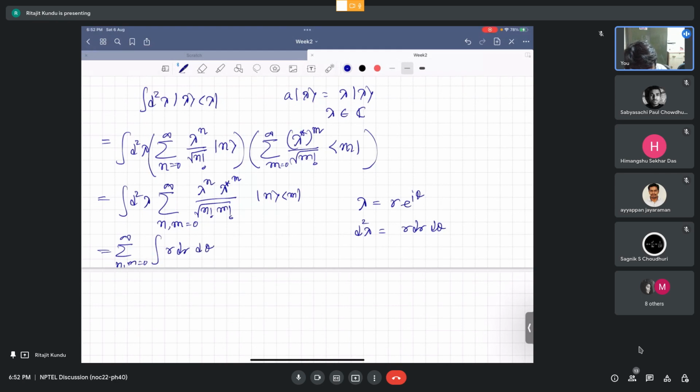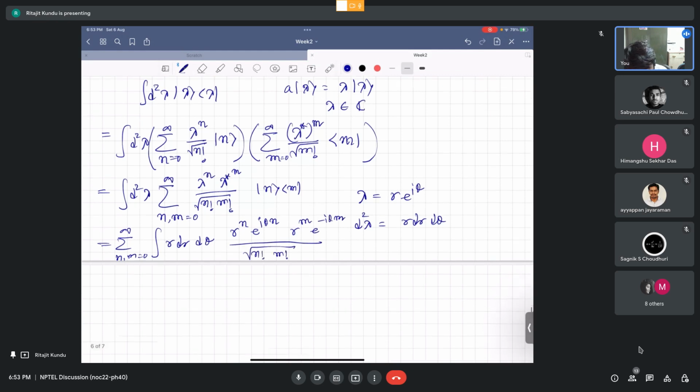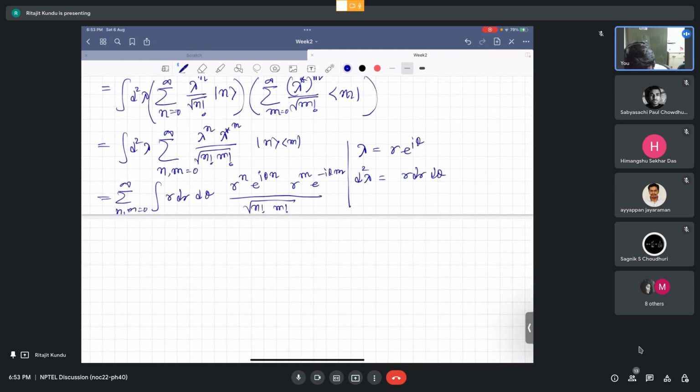Lambdas I'll just insert here: r to the power n e to the power i theta n, and then again r to the power m e to the power minus i theta m, and there is this denominator n factorial by m factorial. Let's try to simplify this even more.